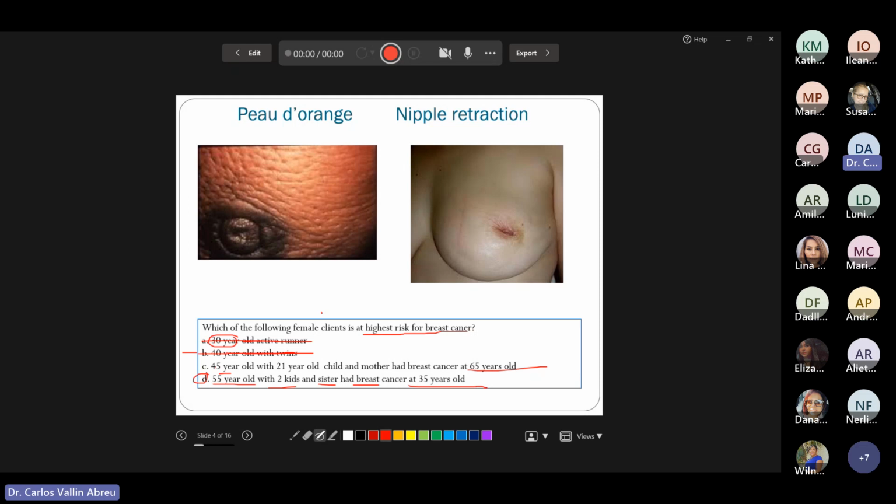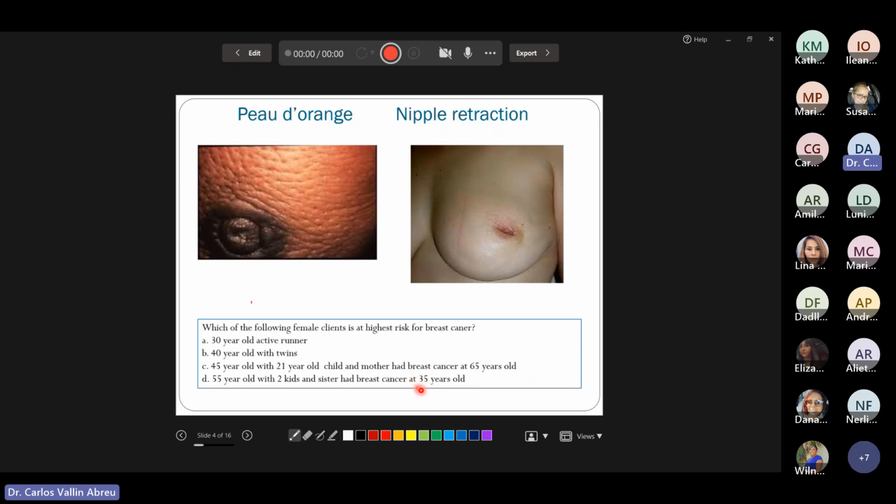Exactly. So, okay, this is a reproduction by me of an actual English question where you are applying the explanation that I gave you. Age is important. This is older than this. And then the age in which the family member developed the cancer is also important. The mother of C had cancer when she was 65, but the sister of D had the cancer when she was 35.